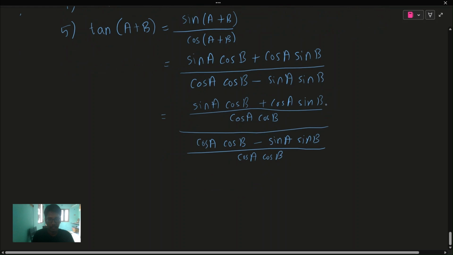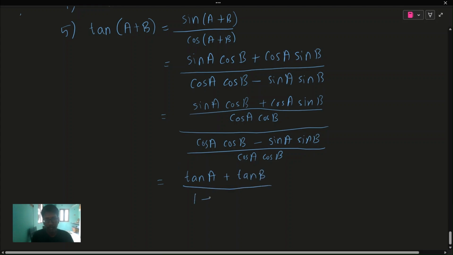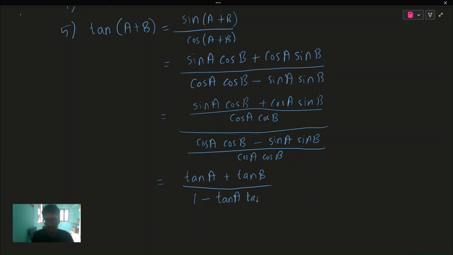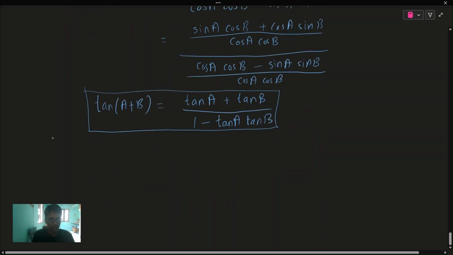We would get sin A by cos A, cos B gets cancelled. We would get tan A. Same way here we would get cos A cancelled and tan B. So tan A plus tan B divided by 1 minus tan A tan B. Now same way we can take it up.